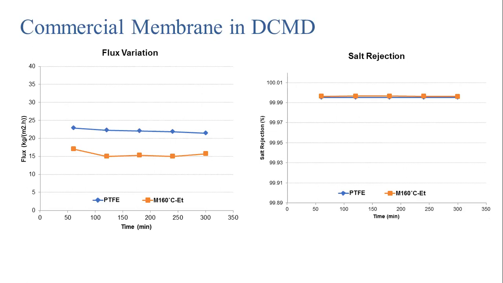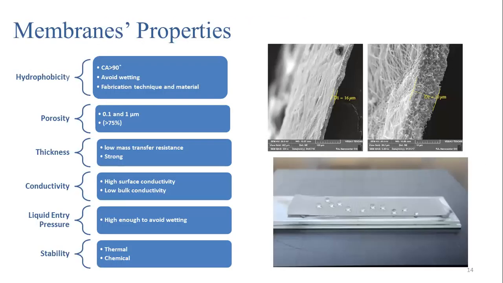If you look at the right, the salt rejection is approximately 100 percent, so it's a very perfect membrane for desalination. It has a very high rejection. And if you see the flux variation on your left, you can see that it is stable. Those results are encouraging for scientists to proceed further in this research.